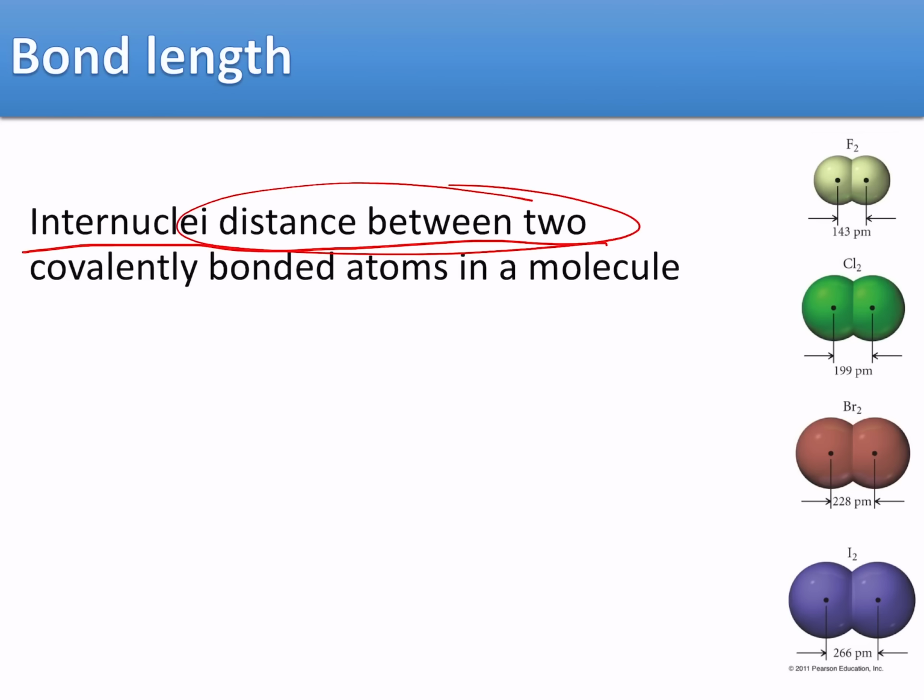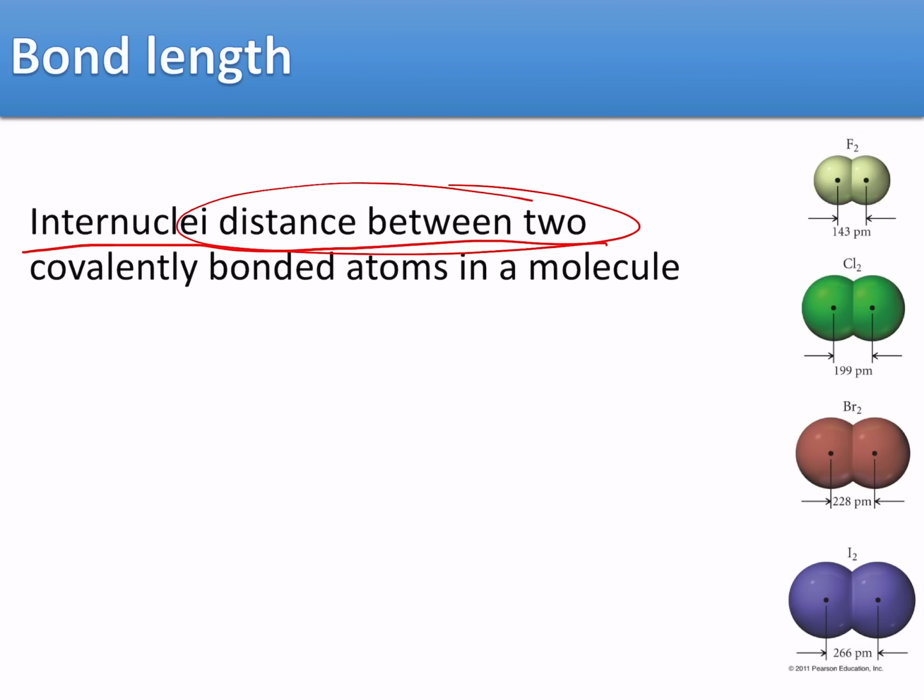Now, here is the full distance. Remember that for the atomic radii it was half the distance between the nuclei. Here for the bond length it is the full distance. You don't have to divide by 2, it's just the distance between those two nuclei. Here we have an example that I think we have seen before: fluorine, chlorine, bromine, and iodine.